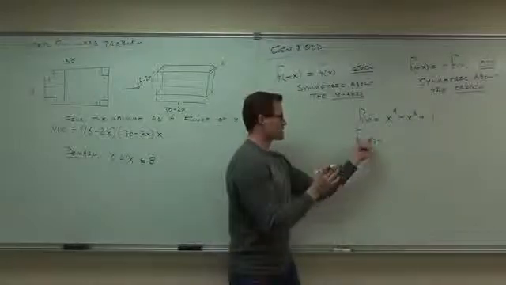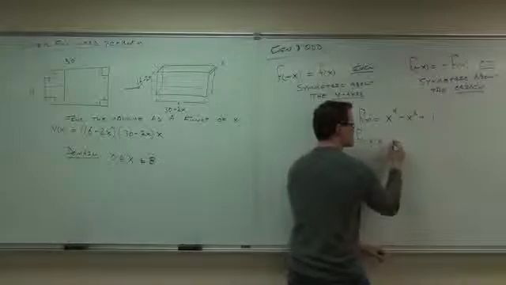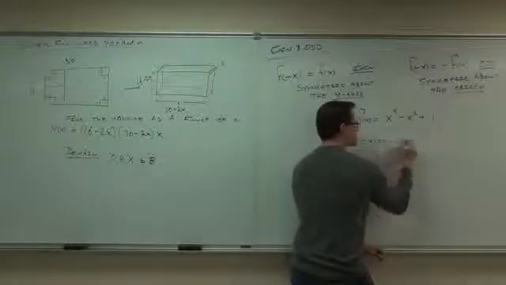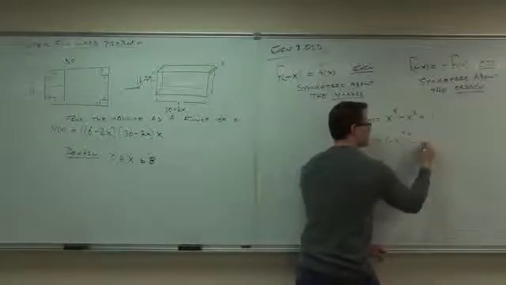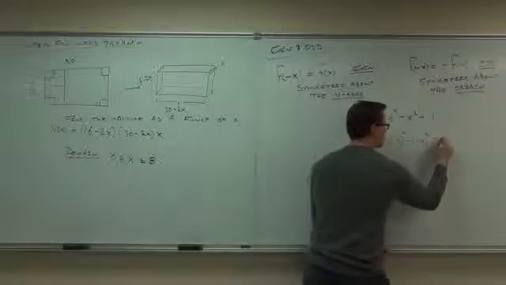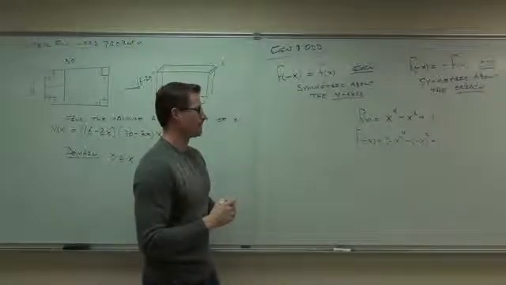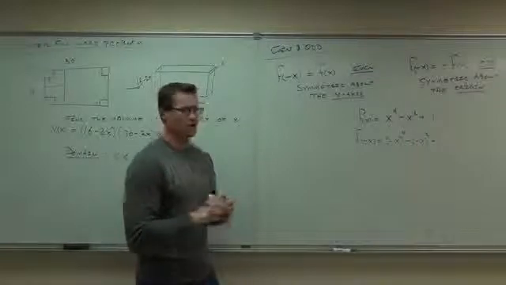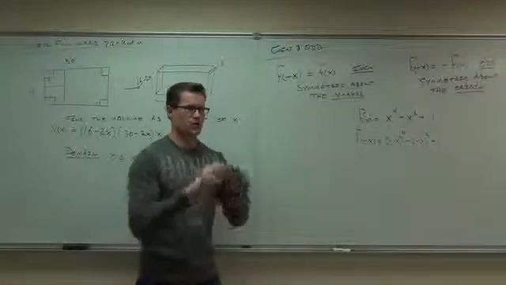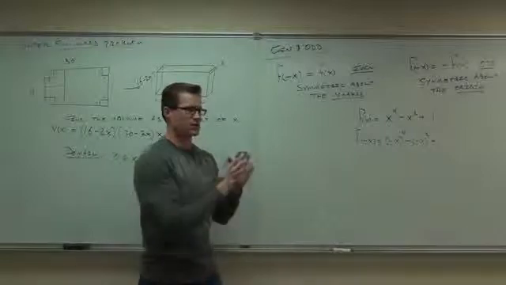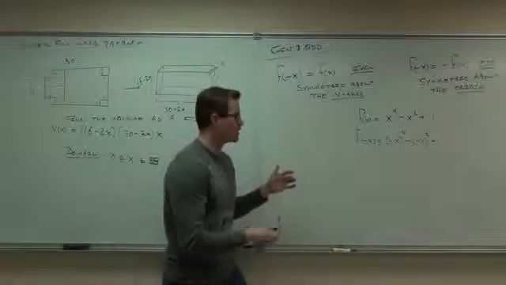You're just replacing x with negative x. So for this you'd say, I want to see what happens with negative x to the fourth minus negative x squared plus 1. So far, so good? You don't need an actual number. Just use the negative x. It's still going to work out for you.